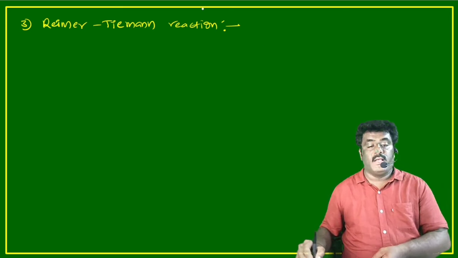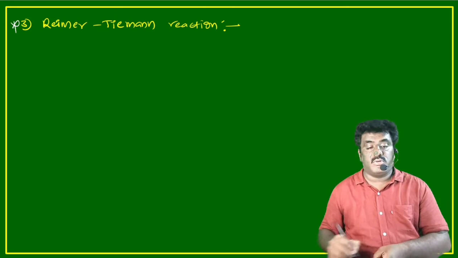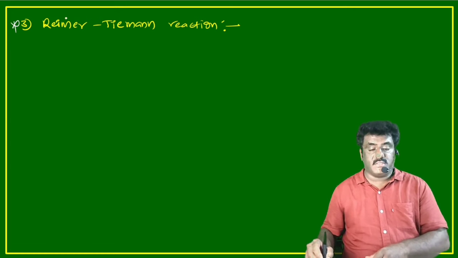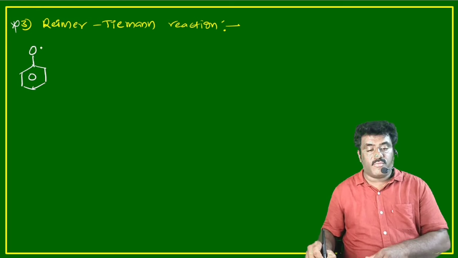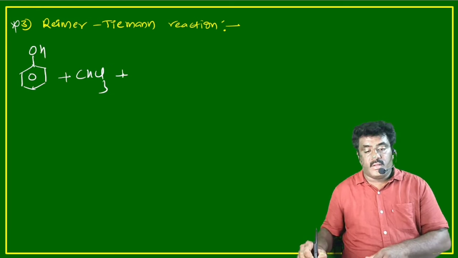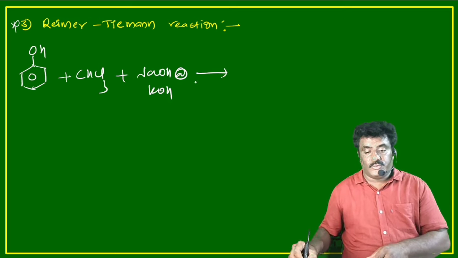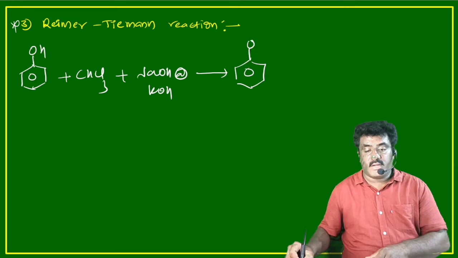Next one, Reimer-Tiemann reaction. This is important. What is Reimer-Tiemann reaction? See, phenol in presence of chloroform CHCl3 with sodium hydroxide or potassium hydroxide, to form a sodium phenoxide.